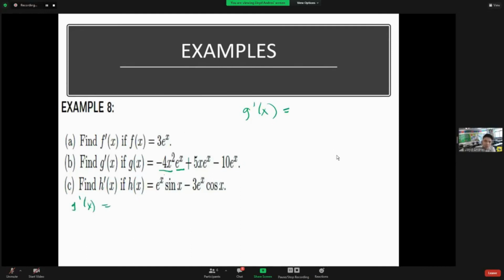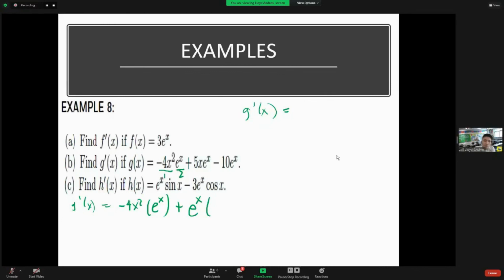So, meaning, copy the first, that's negative 4x squared, times the derivative of the second. What's the derivative of e raised to x? Again, rule number 8, e raised to x still. Plus second times derivative of first.